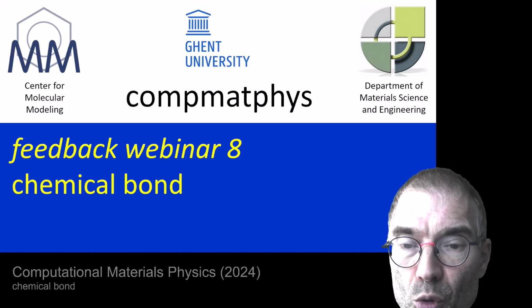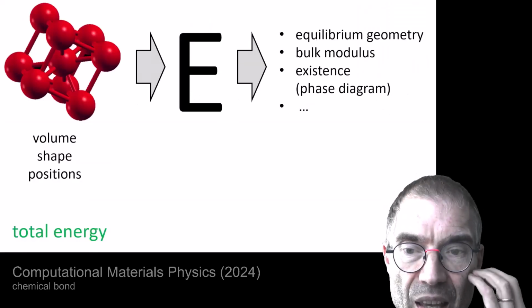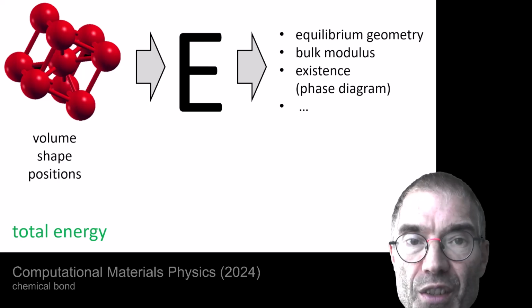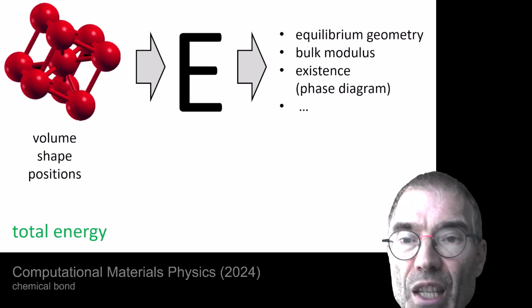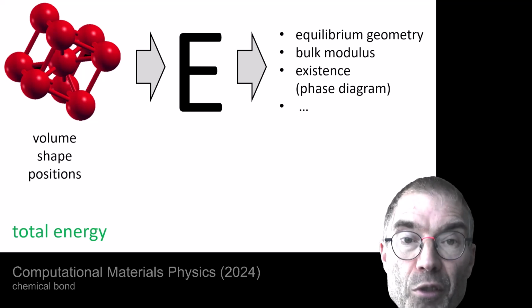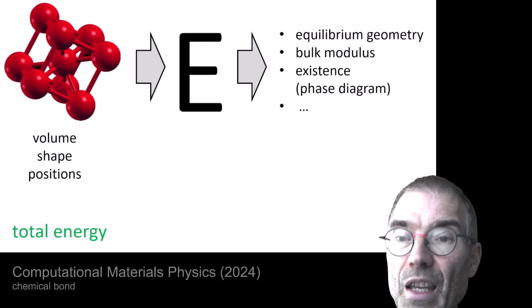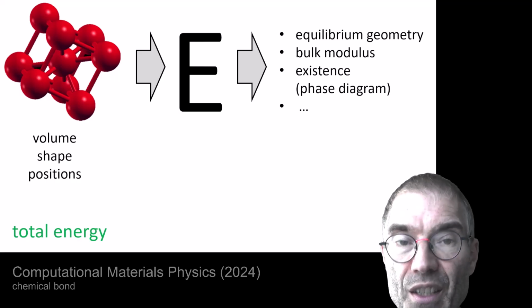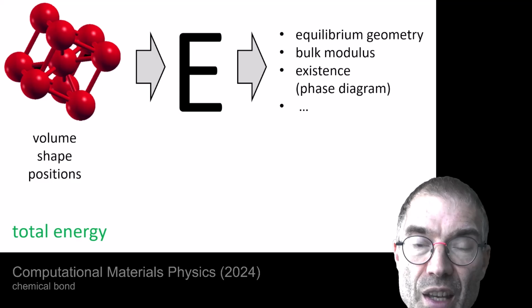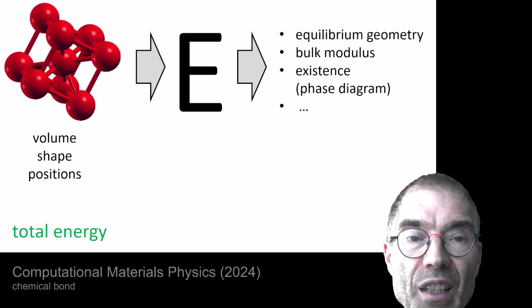And let's now move to the science, to the chemical bond, the topic of the past week. And where do we position this in the course? Well, last week I showed you this slide that summarizes much of the first few weeks of the course, where we examined what happens if we give a particular crystal to a DFT code and calculate the total energy of that crystal.